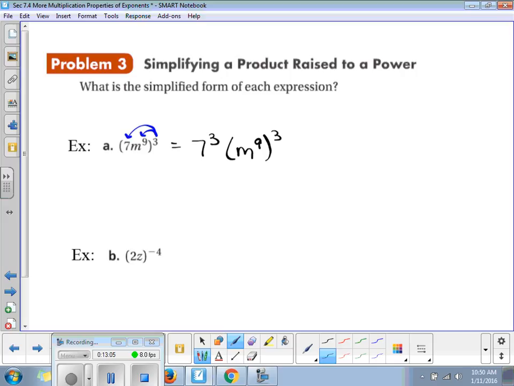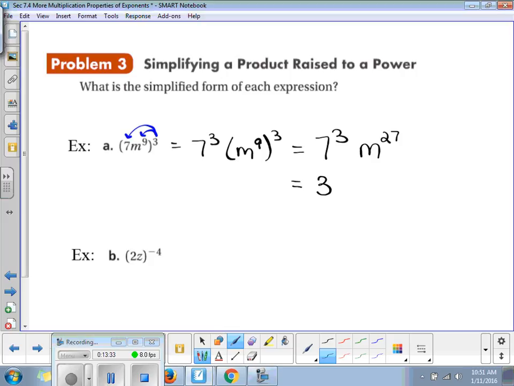Now, this is a power raised to a power. What do I do when I have a power raised to a power? You multiply the exponents. So this will be 7 to the 3rd, and then m to the 9 times 3, which is 27. And then we can simplify 7 to the 3rd.